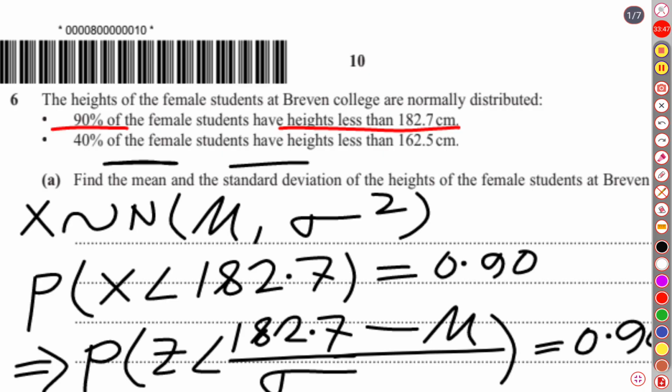But the question asks for more than 162.5, so definitely the probability is going to be the remaining 60%. 40% of the students have heights less than 162.5, so definitely 60% of the students have heights more than 162.5. Our probability is going to be the reverse, 60%.